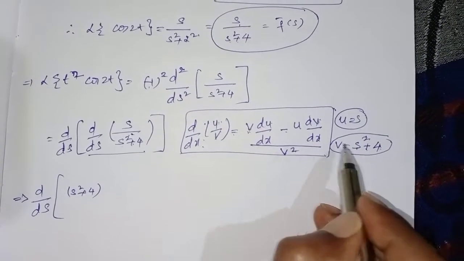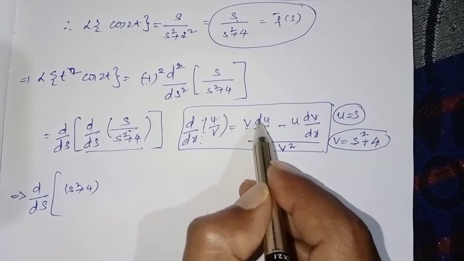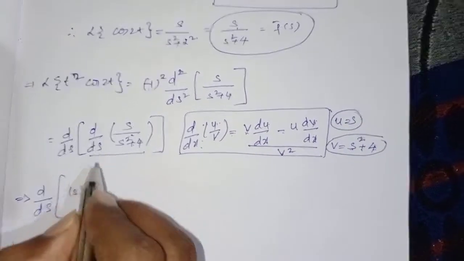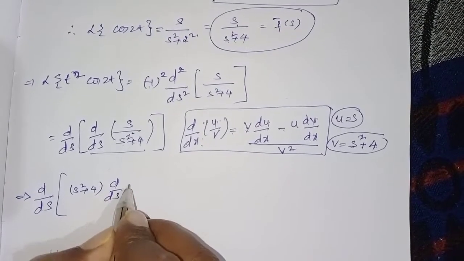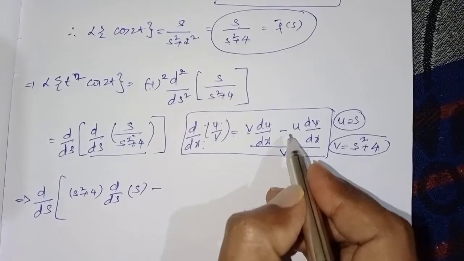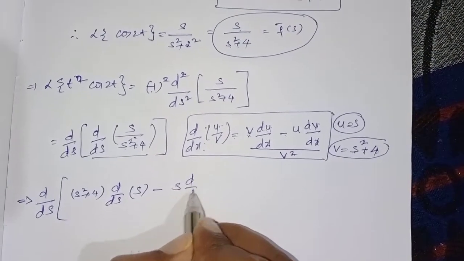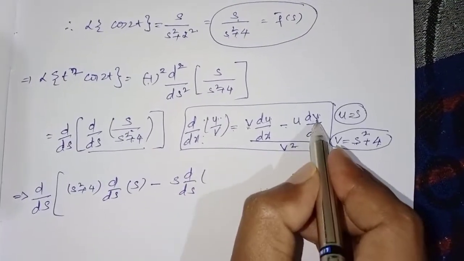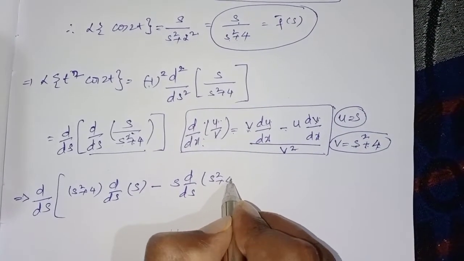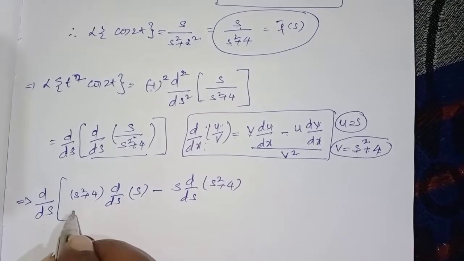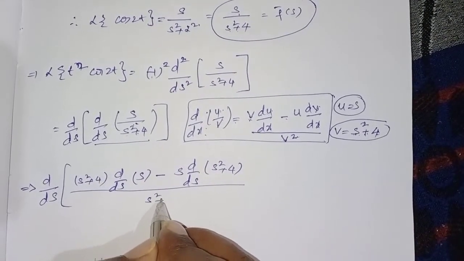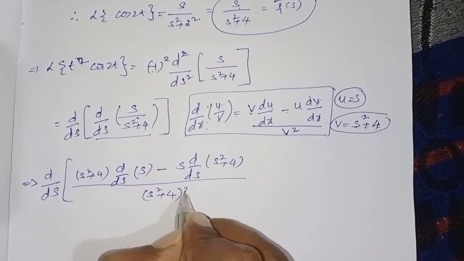So first, the v value is s square plus 4 into d by ds of u. Here we have s, so d by ds of s, minus u, which is s, into d by ds of v, where v is s square plus 4, whole upon v square, which is s square plus 4 whole square.